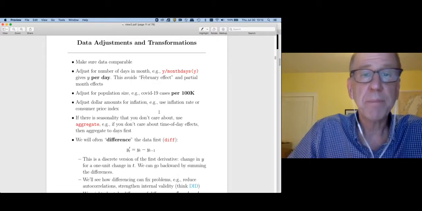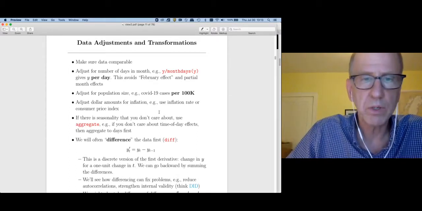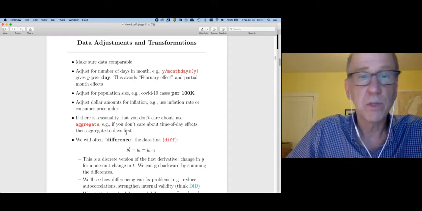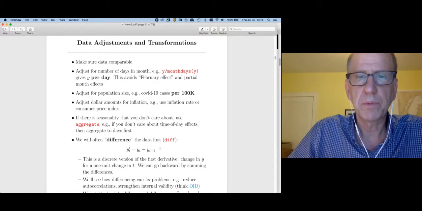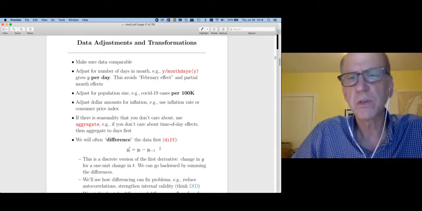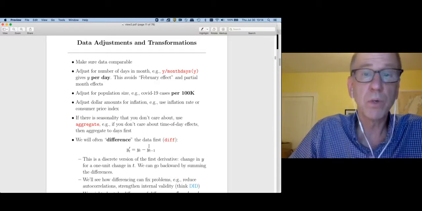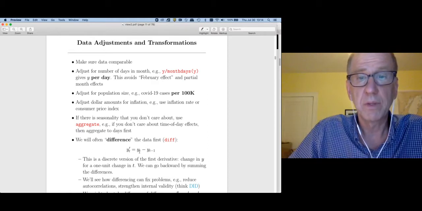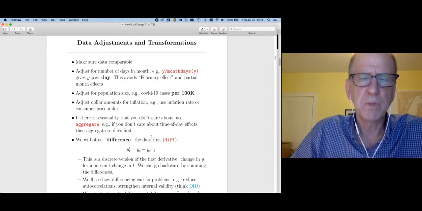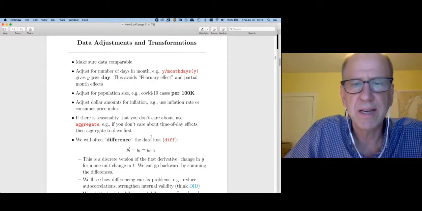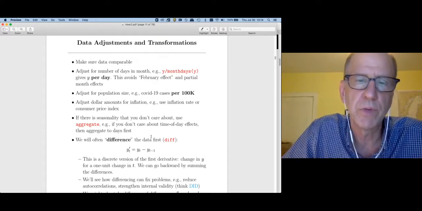Another type of transformation that we may want to do is to look at differencing. Okay, so differencing we talked about, I guess it was 2 videos ago, or maybe it was the last video. All we're doing is we're taking the value for the current period and subtracting the previous period. The way I like to think of this is it's kind of a discrete version of the first derivative.